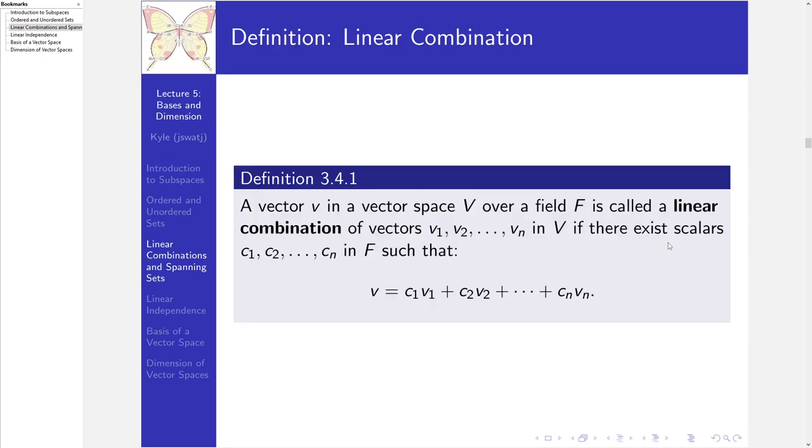So the next definition we come across is linear combinations. This is ripped straight out of linear algebra, so nothing new. If we have vectors, there exist scalars such that v can be written as that vector. So nothing too exciting.